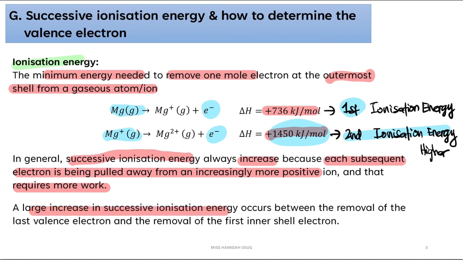But when there is a large increase, a drastic change in successive ionization energy, it means the electron is being removed from the inner shell of the atom.